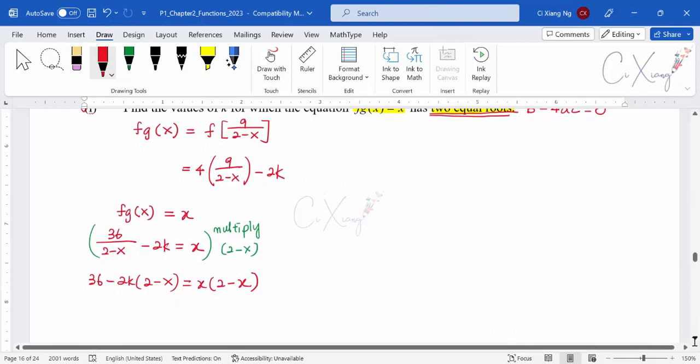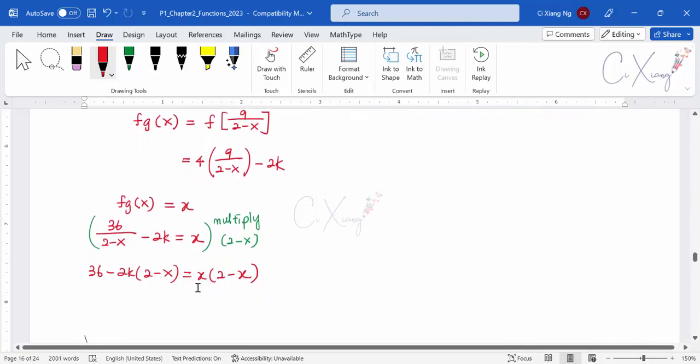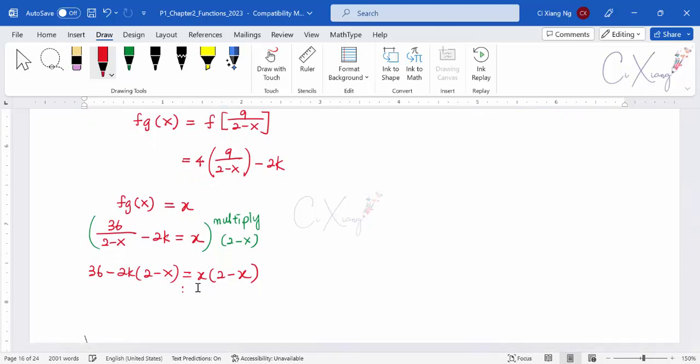And then now I want to expand this whole equation and try to rephrase it. I will not show you the detail here. You try to expand everything and rephrase it. You should be able to get a quadratic equation, something like this, x squared plus 2k minus 2 x, and then plus 36 minus 4k equals 0.